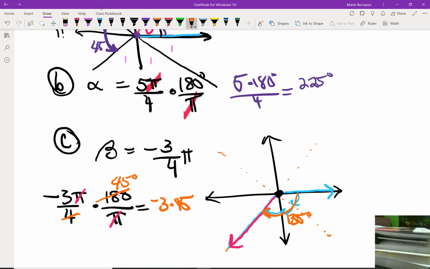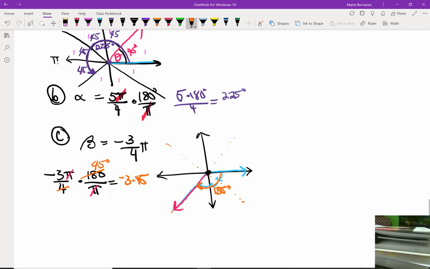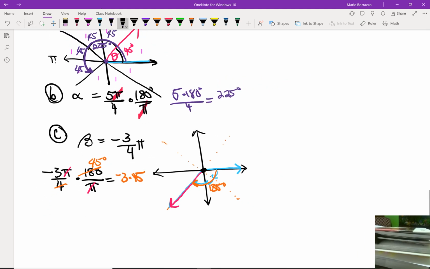Now they have two methods that they use. So I'm going to introduce this with part B real quick. So method 1, they take the 5 pi over 4 and they say that this is equivalent to 5 over 8 times 2 pi.